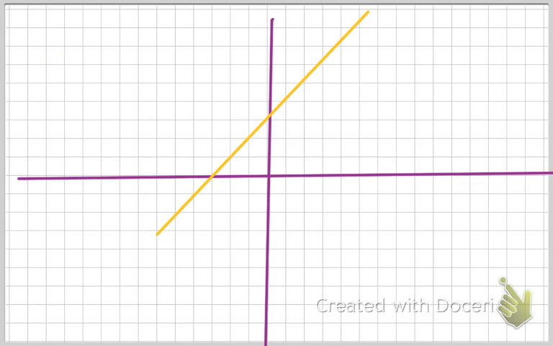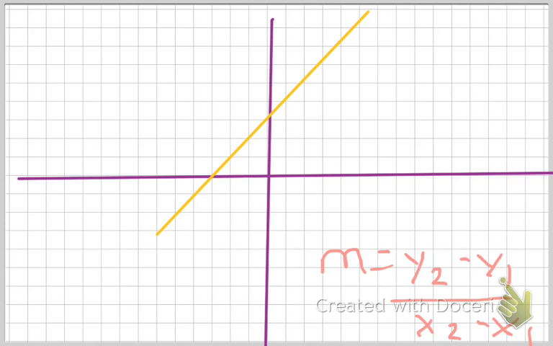So you get m equals y2 minus y1 over x2 minus x1. Be very careful with this formula because you can mess up the y2, y1, x2, and x1. That's the common mistake people make.